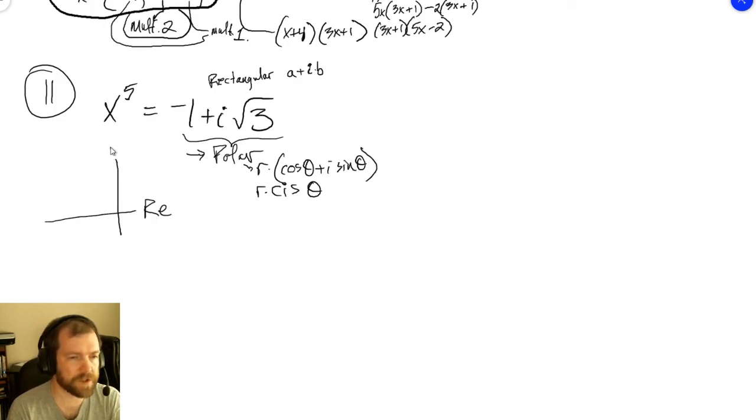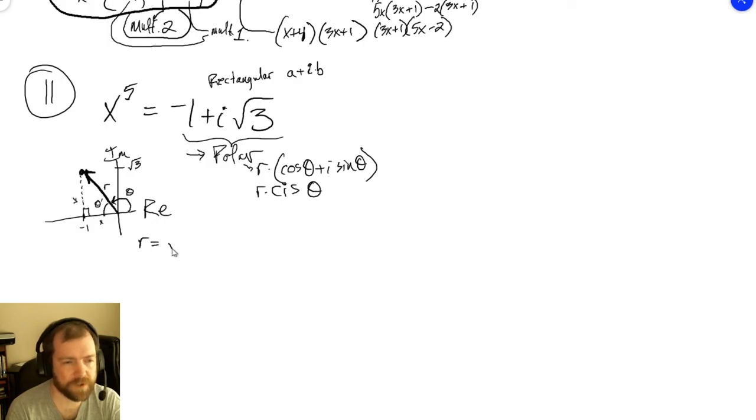So real values this way, imaginary values this way. -1 plus root 3 times i gets you this particular vector out in space. We need to find r here, and we need to find theta here. I've already told you before, this theta prime is going to be our reference angle. And the r value is kind of trivial once you know the Pythagorean theorem, and this is your x and this is your y.